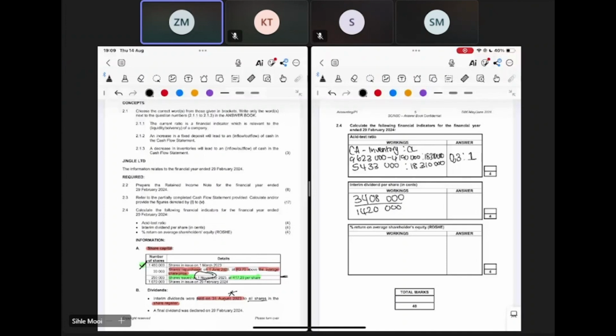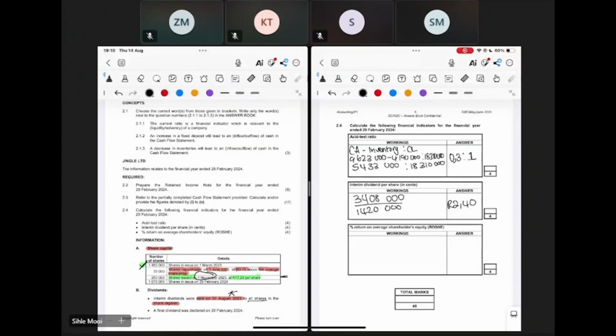Okay. Then the next question is asking us, what is the percentage return on the average shareholders' equity? Does anyone know what that will be?